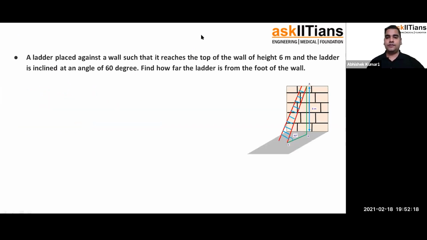Okay. So we have the next problem. What does it say? A ladder is placed against a wall such that it reaches the top of the wall of height 6 meter. So the height of the wall is provided to be 6 meter here, and the ladder is inclined at an angle of 60 degrees. So they are talking about this angle which is mentioned. How far is the ladder from the foot of the wall?